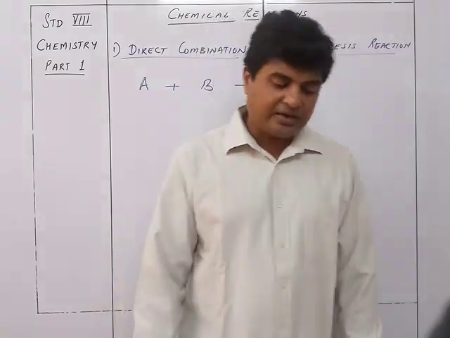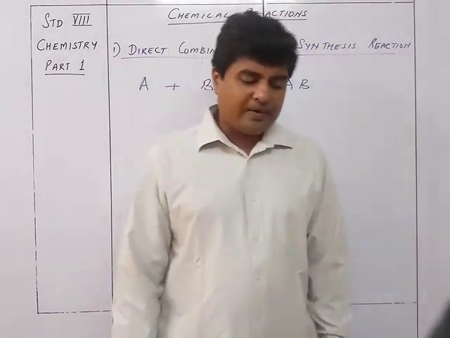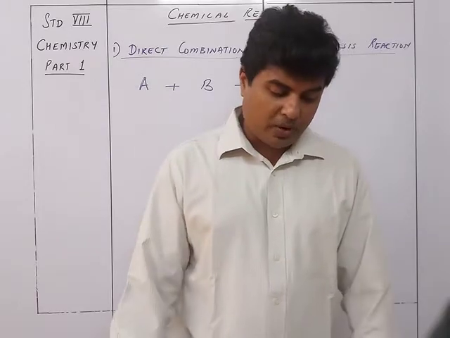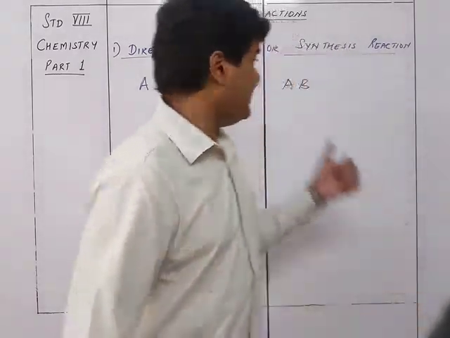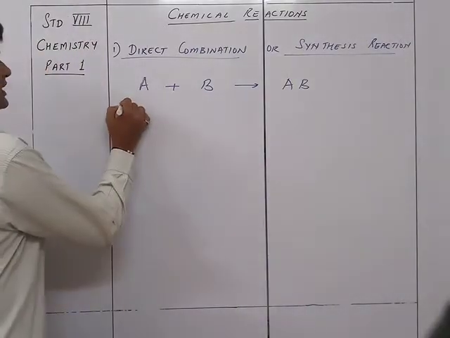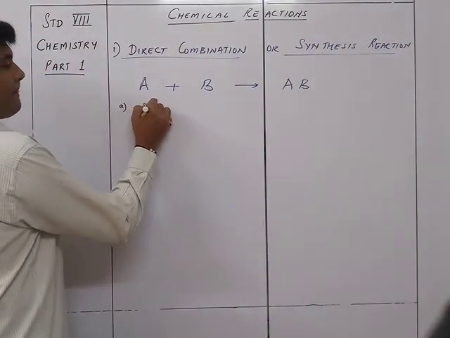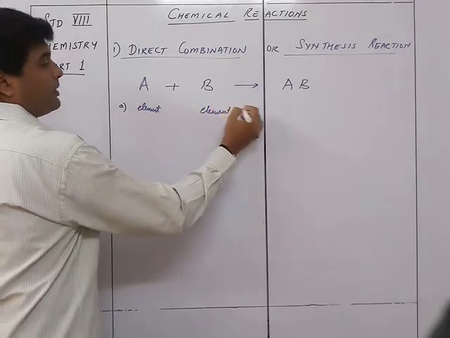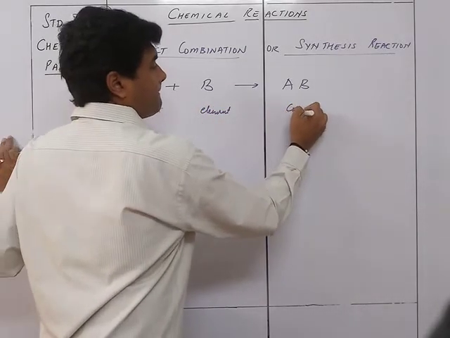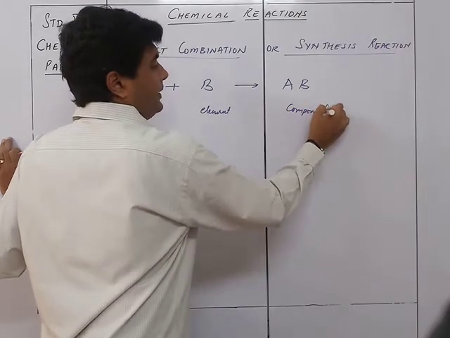It is a chemical reaction in which two or more elements combine to form a compound, that is, A plus B gives you compound AB. So the first condition would be element A plus element B giving you a compound AB.